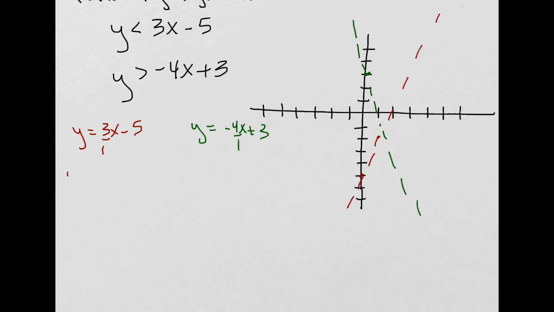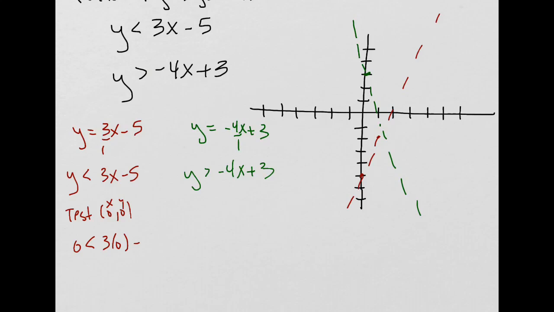So if I write down my inequalities, I've got y is less than 3x minus 5, and y is greater than negative 4x plus 3. And then if we do 0, 0 as a test, plug 0 in for x, plug 0 in for y, we get 0 is less than 3 times 0 minus 5, so 0 is less than negative 5. That's false.